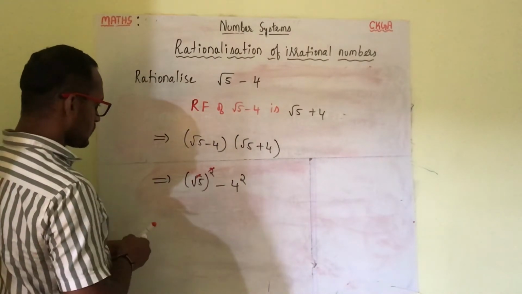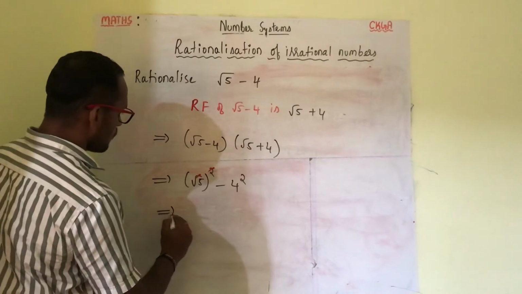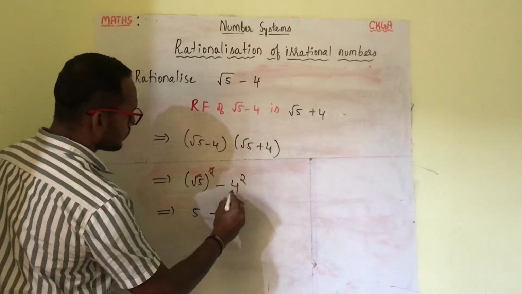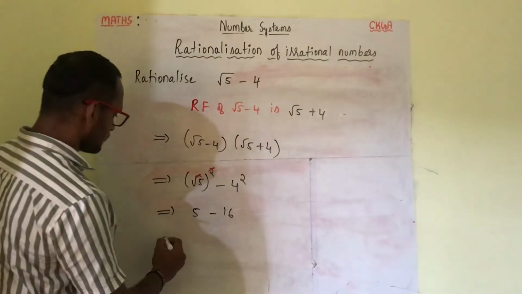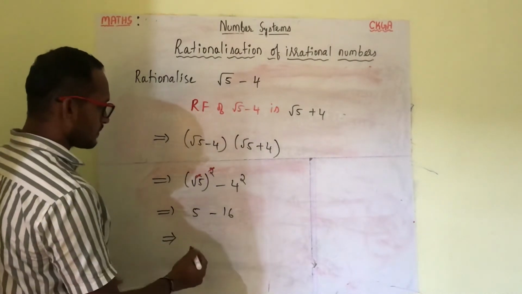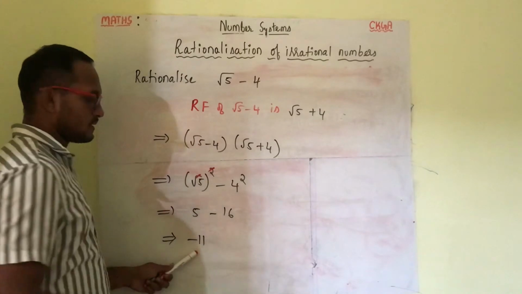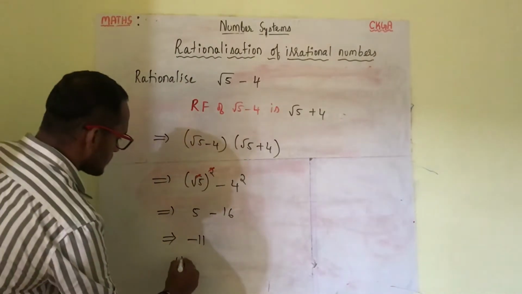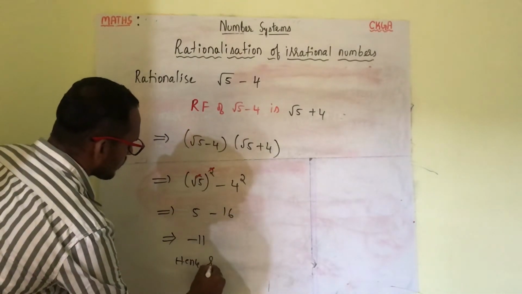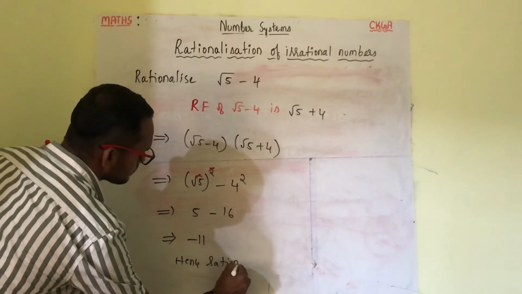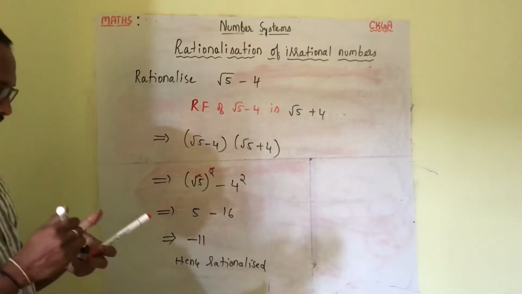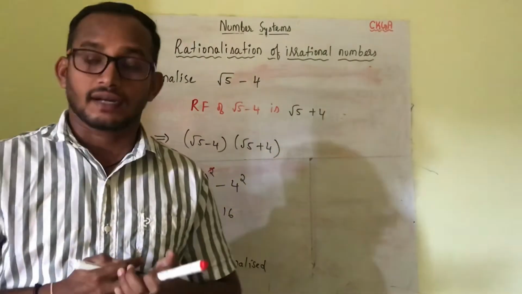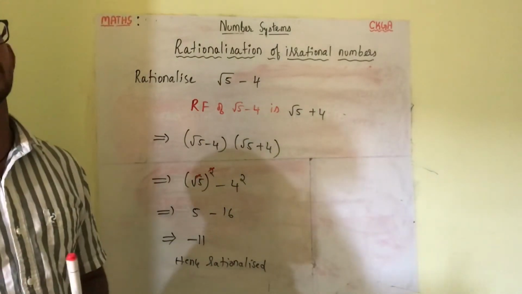What remains here is 5 minus 4 square, that means 16. So 5 minus 16 is minus 11. Hence rationalized. This is what you can perform, rationalization with respect to irrational numbers.